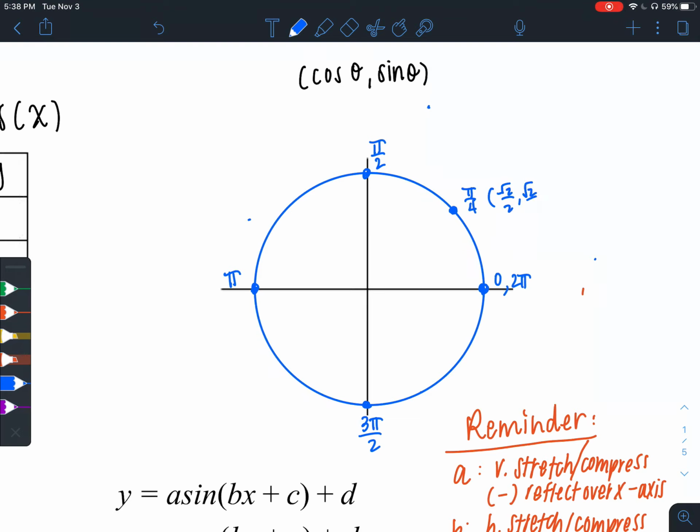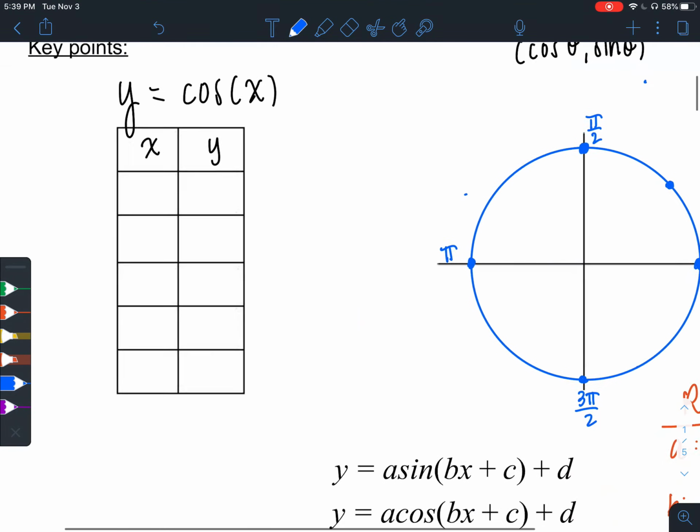So remember that our points are only going between, I'm sorry, not for domain, for our range. Our points are only going between -1 and 1. And so those points are going to lie at these points on the axes.